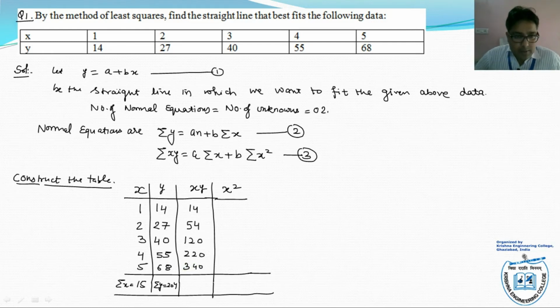Now find the summation sigma xy with the help of the calculator; this is 748. Clear?